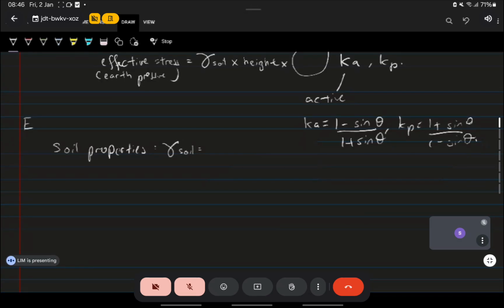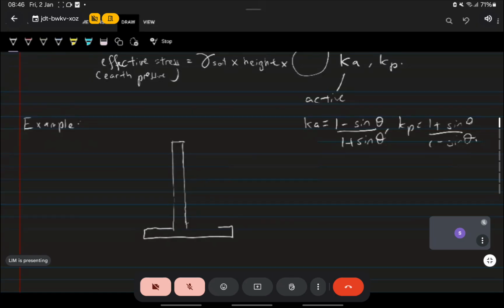So let's tackle an example. Let's say I have a retaining wall, and it's retaining 3 meters.